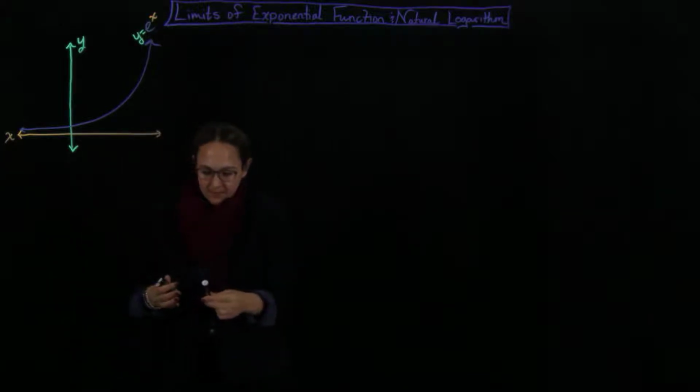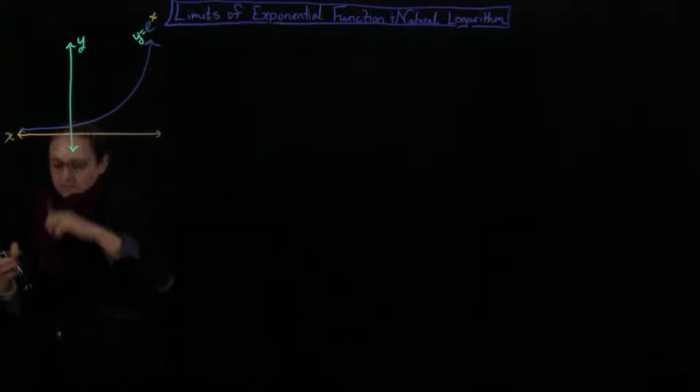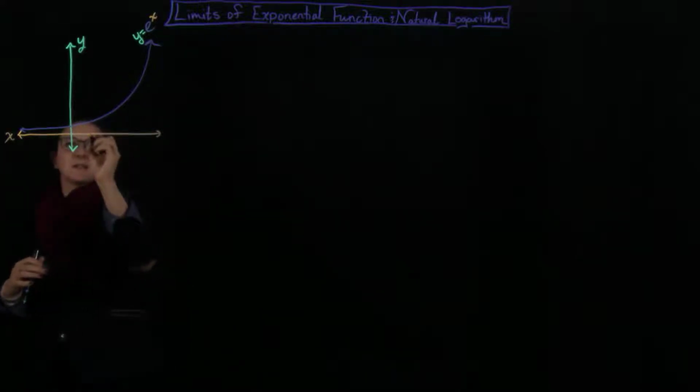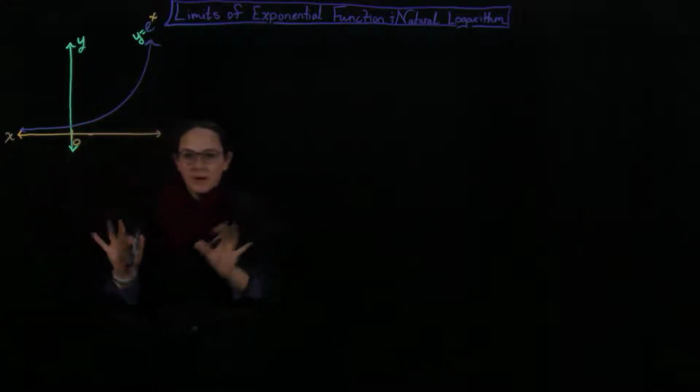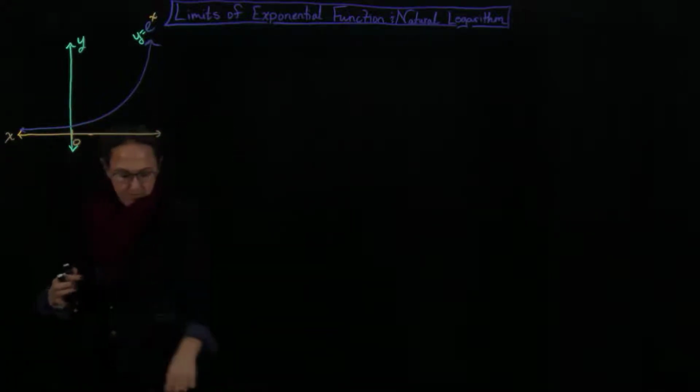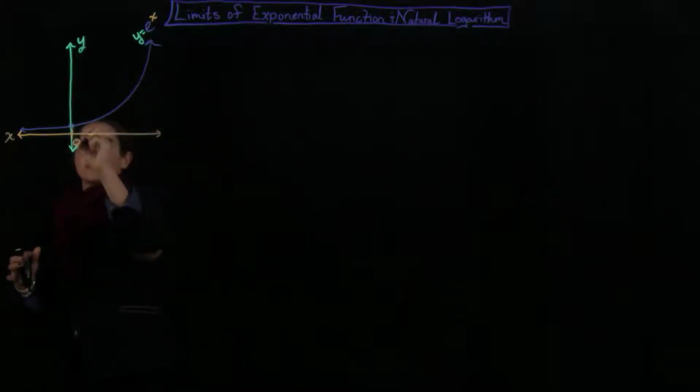What are a few things to notice here? What happens if I put in 0? Just to orient your mind as to what's going on, what is this point?